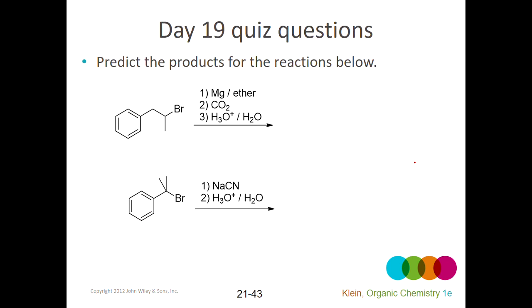So the final quiz question of the day is just an application of those last two reactions. So here, if I have an alkyl halide and I react that with magnesium, that should convert that into a Grignard. If I use CO2 then, the Grignard should attack that carbon, push an electron to the oxygen.